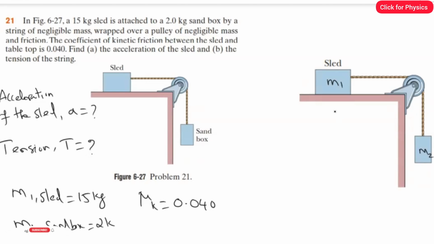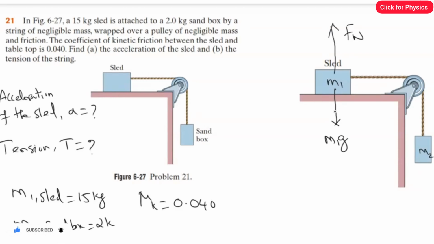Generally, the normal force will be acting perpendicular to the object surface, and this object is kept on the horizontal tabletop. So we have to draw the normal force, which is acting perpendicular to the sled surface. And then the force due to gravity for the sled is M1 multiplied by g.